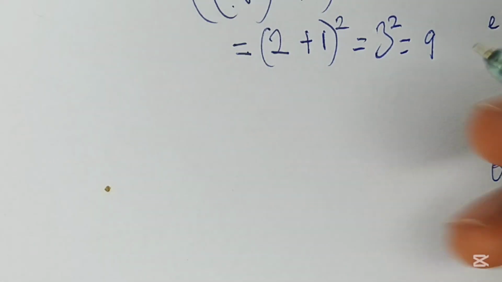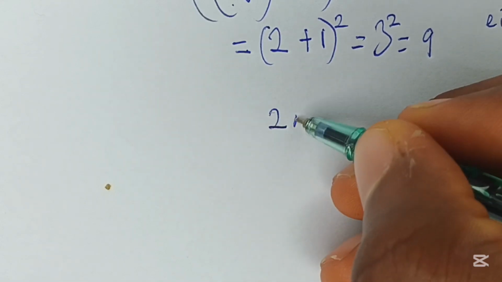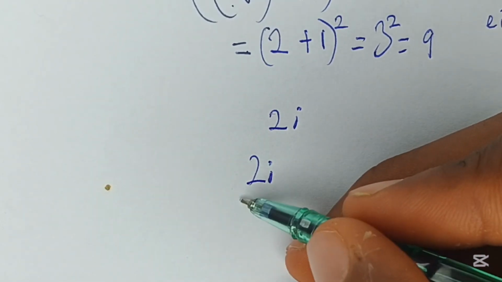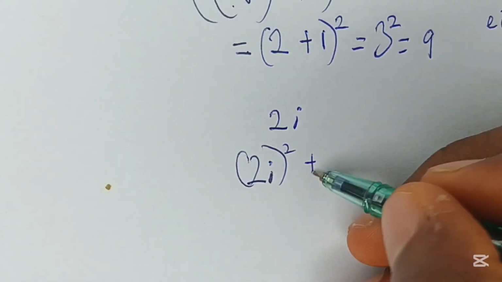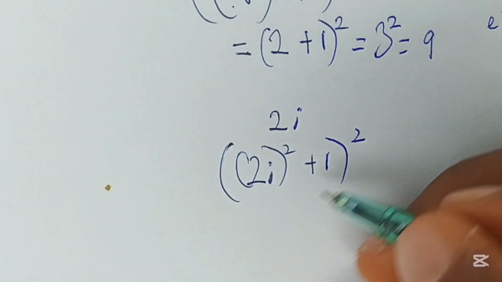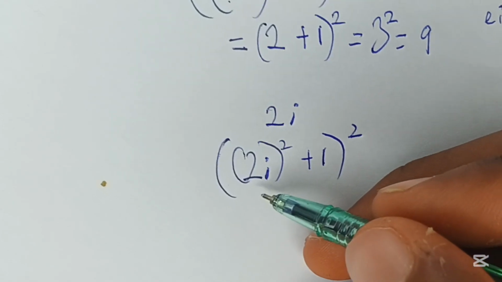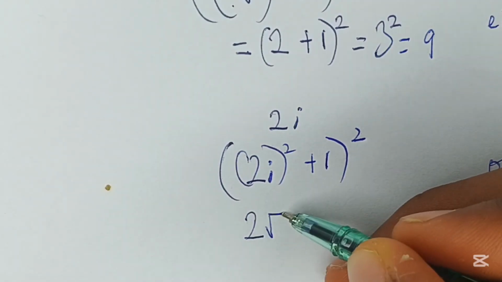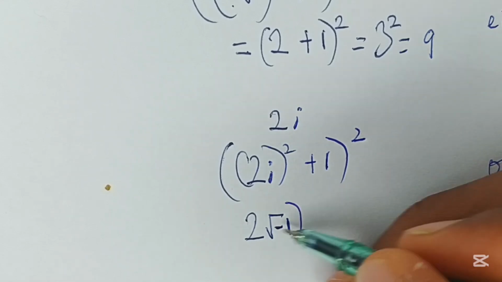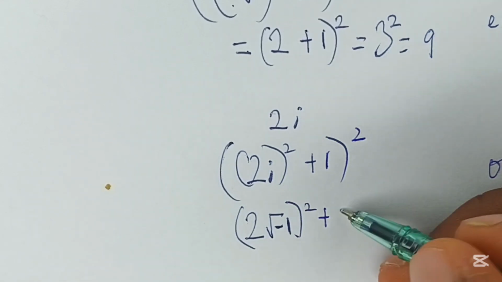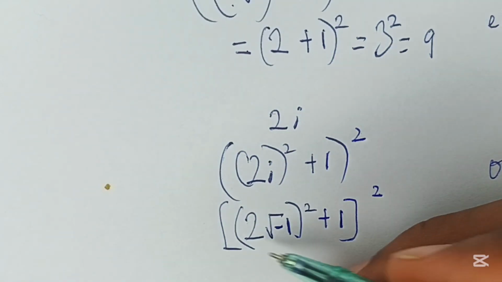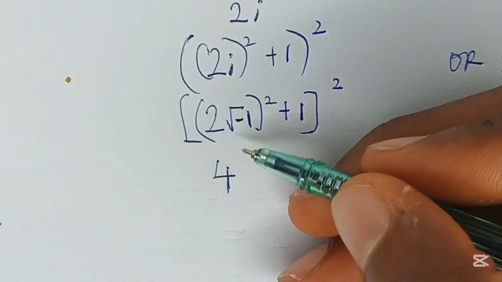Okay, so let's check for the third and fourth answers. Our third answer is 2i. Now we have ((2i) all squared plus 1) all squared. Now i is root of negative 1. Okay, so we have ((2 times root of minus 1) all squared plus 1) all squared. 2 squared is 4.